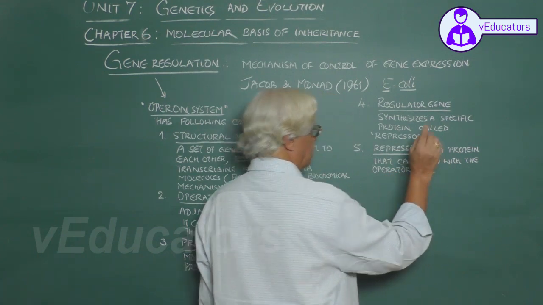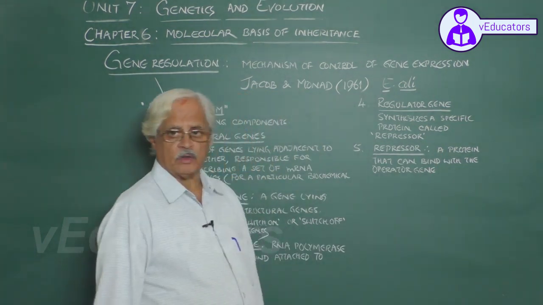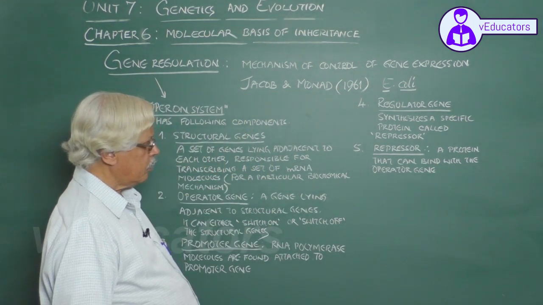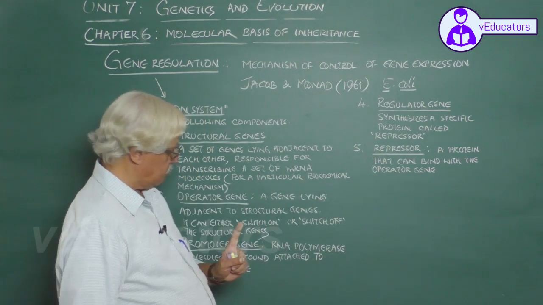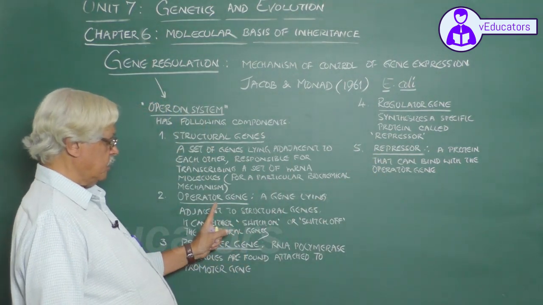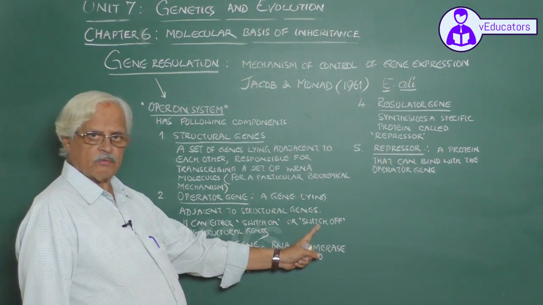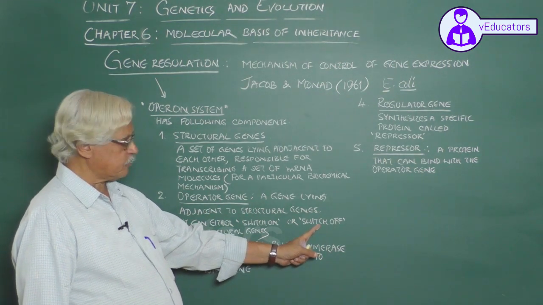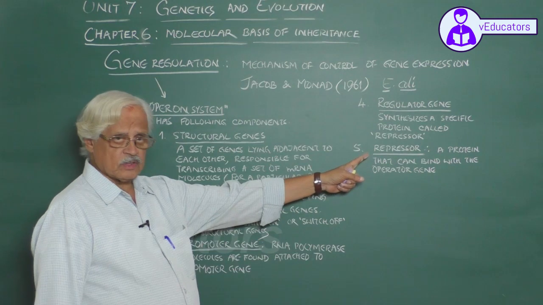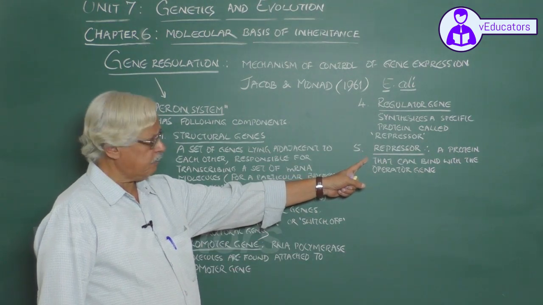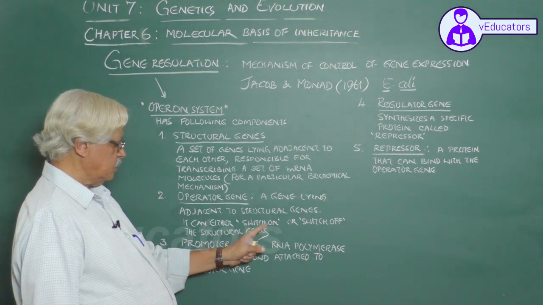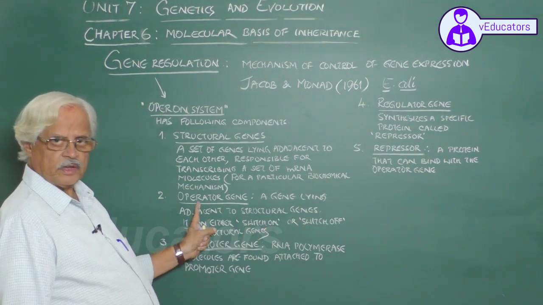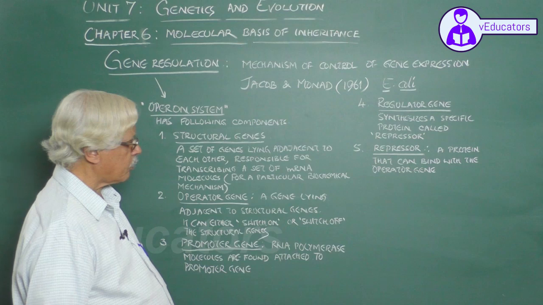When the repressor binds with the operator gene, it switches off the structural genes. When the repressor is not available, when it is not binding with the operator gene, the structural genes are switched on by the operator gene.